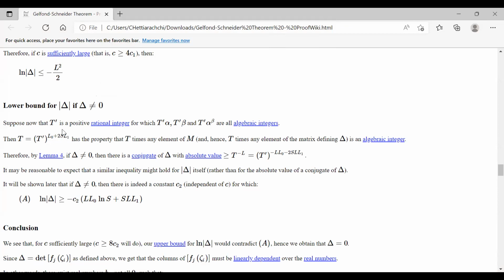Remember, this is again an algebraic integer, by the properties we saw: algebraic integers are closed under multiplication. It has the property that t times any element of M, and hence t times any element of the matrix defining delta, is an algebraic integer.